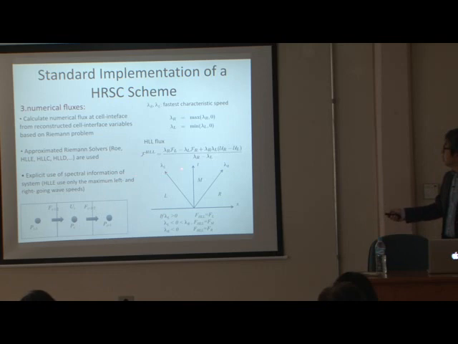Then the HLL flux is calculated from this equation. We simply think about three situations: if lambda R is larger, we consider only the right hand state; or the left hand state; or we can mix them, using the two intermediate states between them.